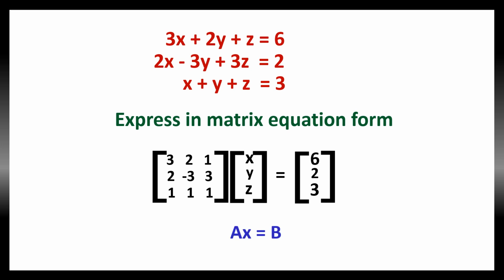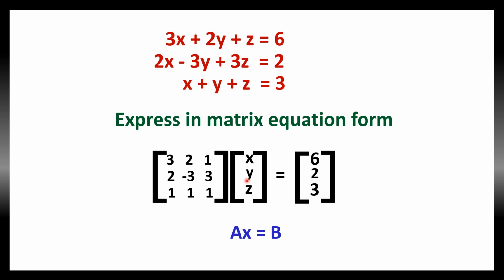The A is formed using the coefficients of the variables in the equations and put in the same order. So, the first row will be 3, 2 and 1, that is corresponding to the variables in the first equation. Then second row 2, minus 3, 3, and the third row 1, 1, 1.